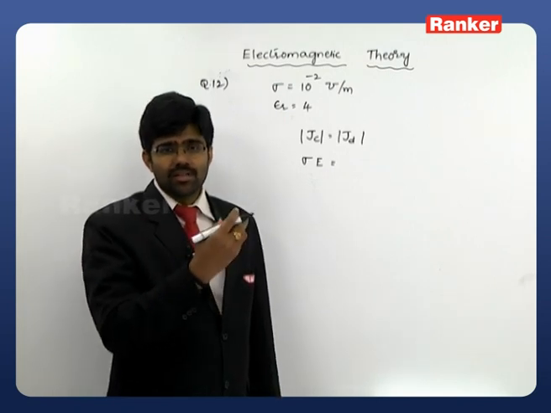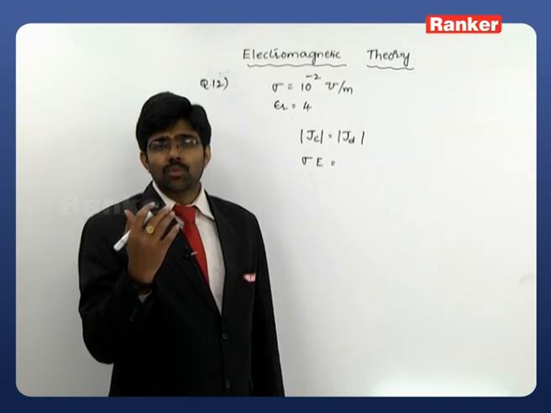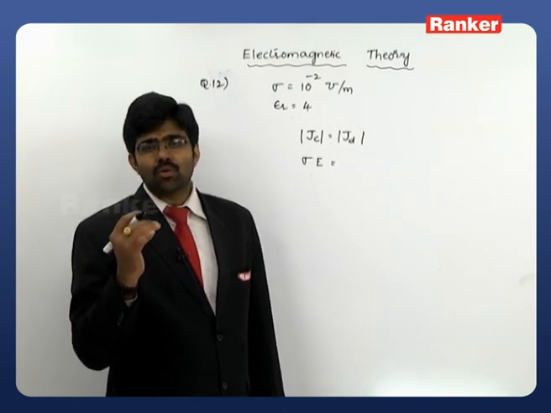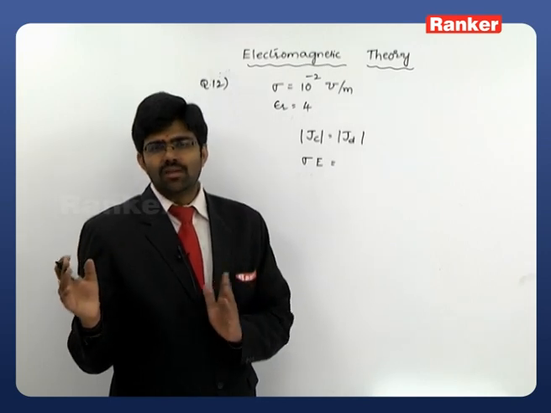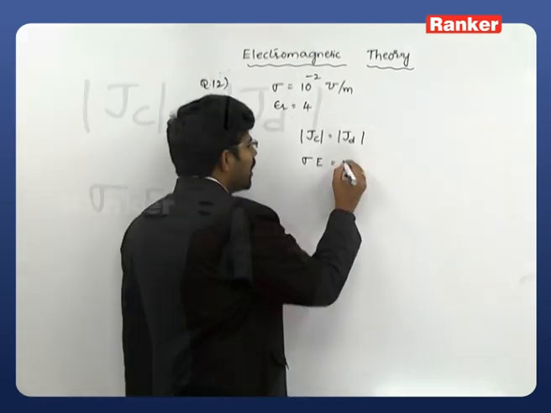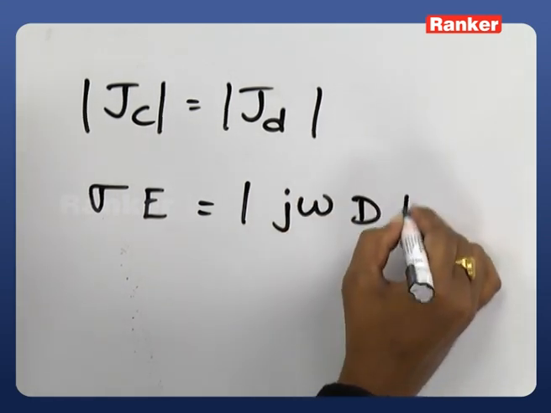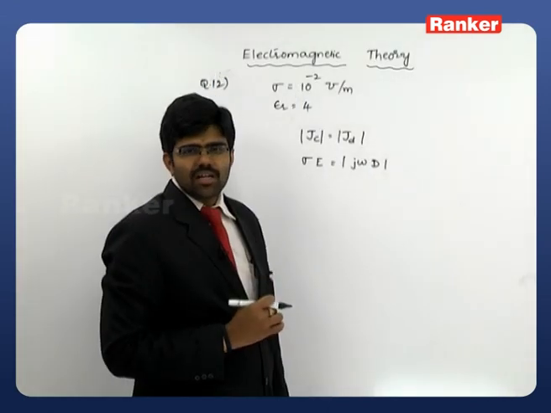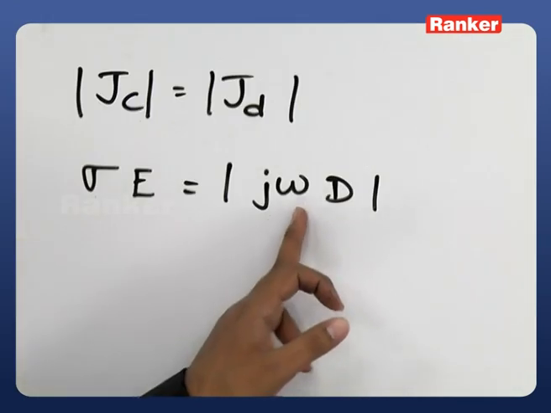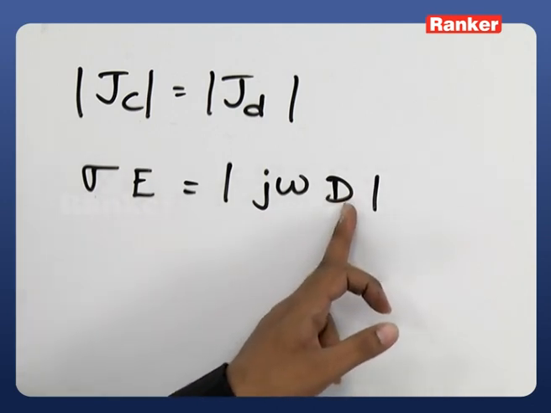Whenever there was some inconsistency in Ampere's law, Maxwell added this displacement current, which we got as dou D by dou t. That dou D by dou t can be replaced with j omega D in our point form, right? Here I am considering that one, dou by dou t replaced with j omega. So this j omega D is nothing but the displacement current density. This j omega is the replacement of our dou by dou t, and this D can be written as epsilon E.